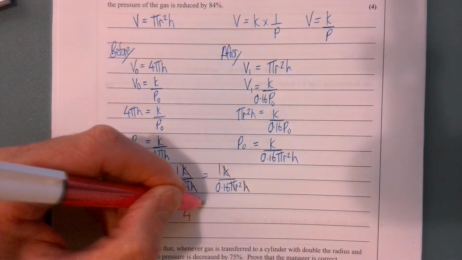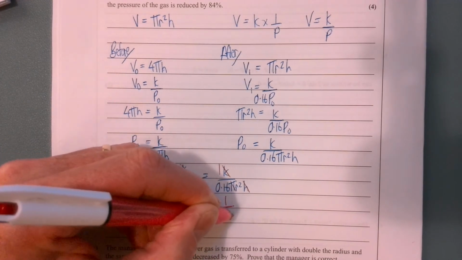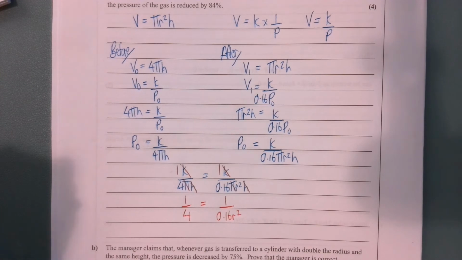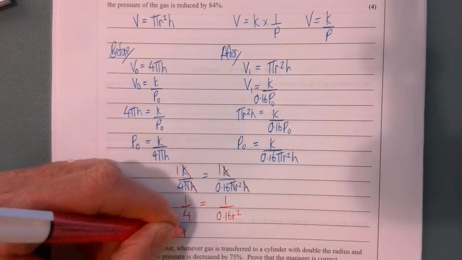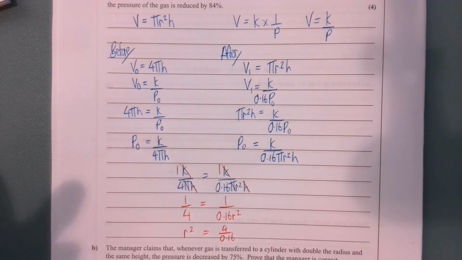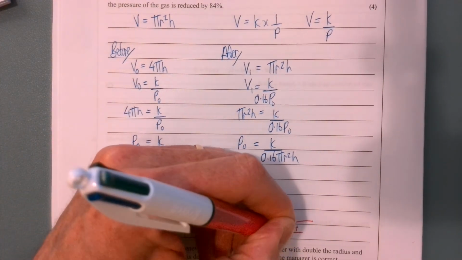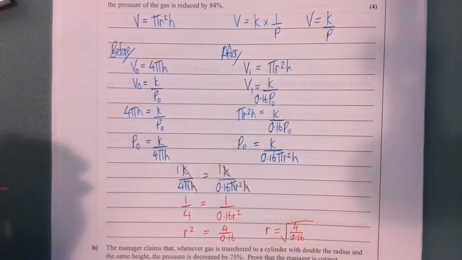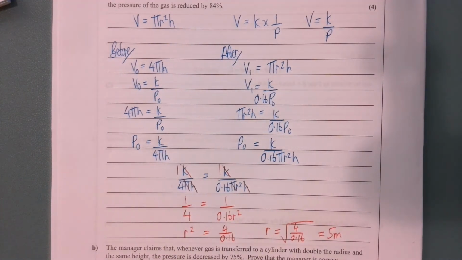So 1/4 is equal to 1 over 0.16 r squared. Running out of space, so hopefully you can see what I'm going to do. I'm going to multiply both sides by r squared and multiply both sides by 4. And r is going to be the square root of that, which comes out as 5. Which is the answer. Tricky question.